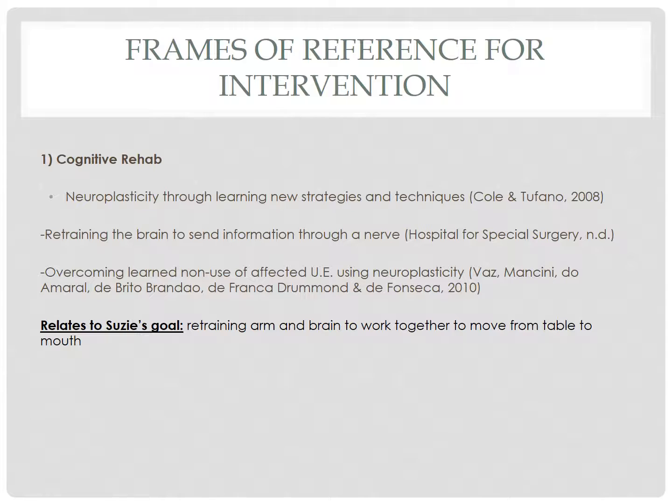This neuroplasticity concept is also used when training the arm to overcome non-use of the affected extremity. So this relates to Susie's goal by helping her to retrain both her arm and her brain to work together in order to complete the movement from her hand on the table to her mouth.